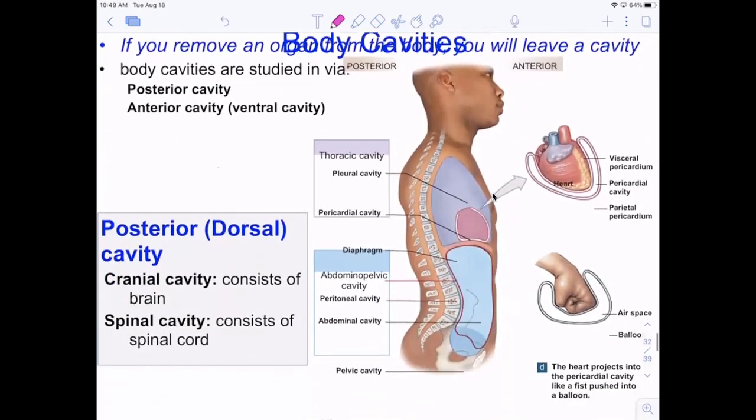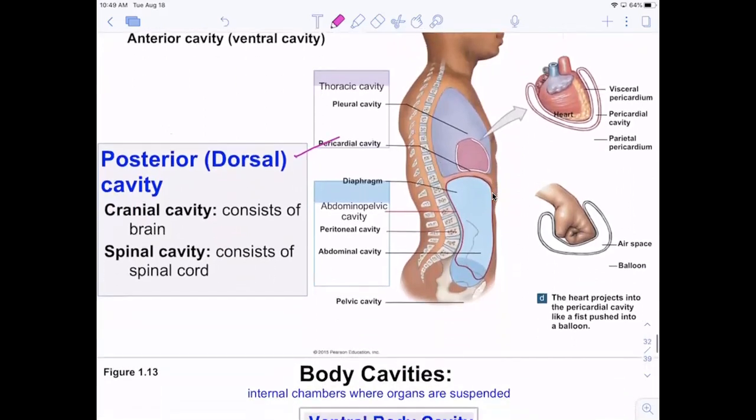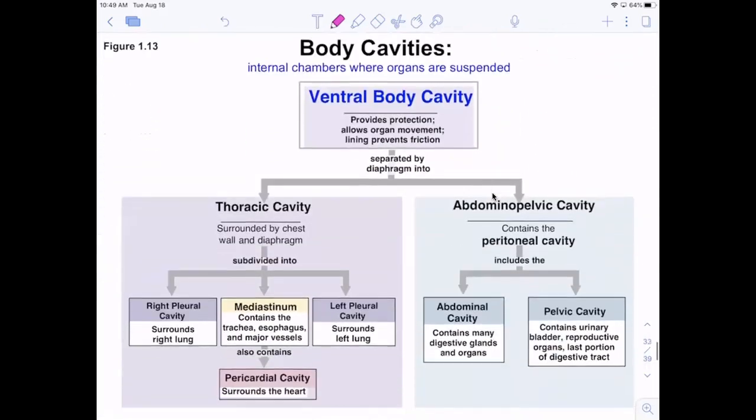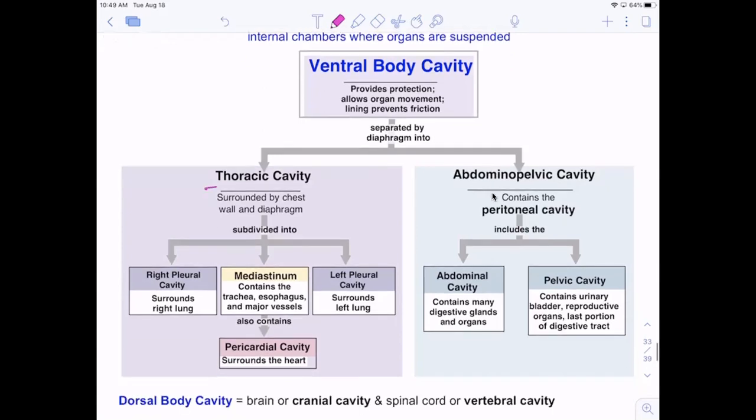As far as the ventral body cavity, so this goes through dorsal body cavities, right? The ventral body cavity is a little more complex. It's in front of the spinal cord. It's ventral. It's front to the spinal cord and brain, so we call it the ventral body cavity. It's split into two really distinct cavities, and the first is the thoracic cavity. The thoracic cavity is your thoracic area, so it's your rib cage, basically, and what's inside the rib cage.